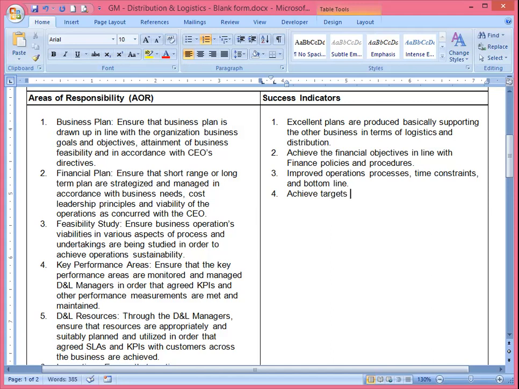All right? Achieve targets and improve. What are you going to improve? Improve service level agreements, or we can just say SLA. Achieve targets and improve SLA with customers. Make it short. We already understand what this SLA means. So that's okay. With customers.